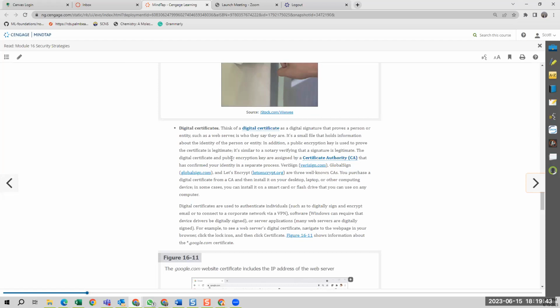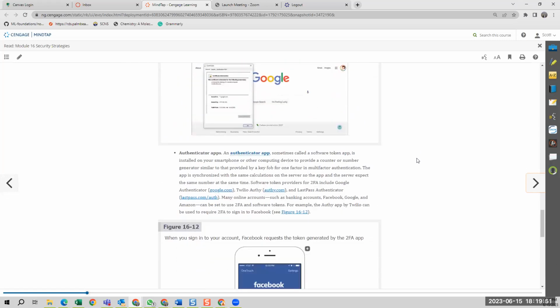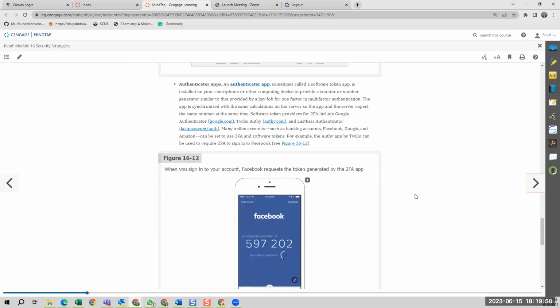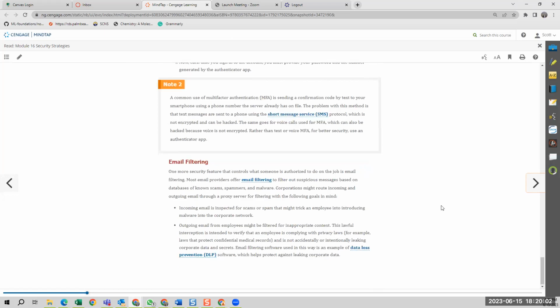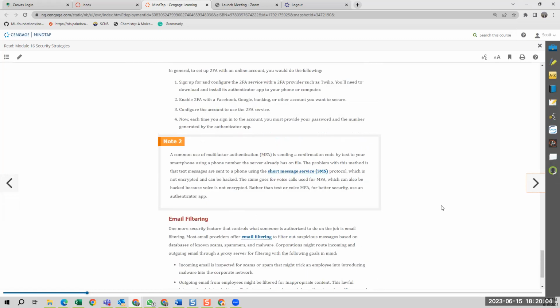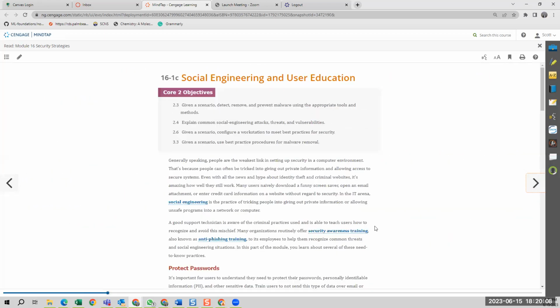A lot of times it's third-party systems that manage those certificates to confirm who you are and your access. Here are the authenticator apps that we were just talking about. And others we don't use as much.